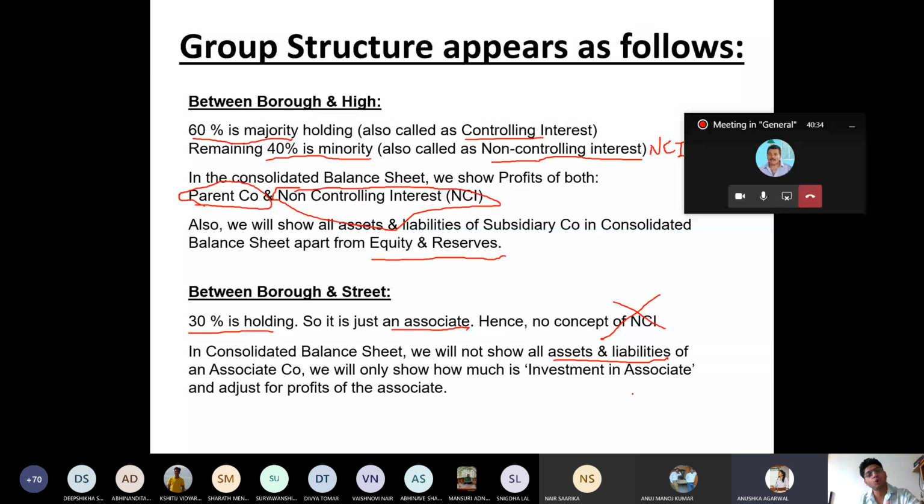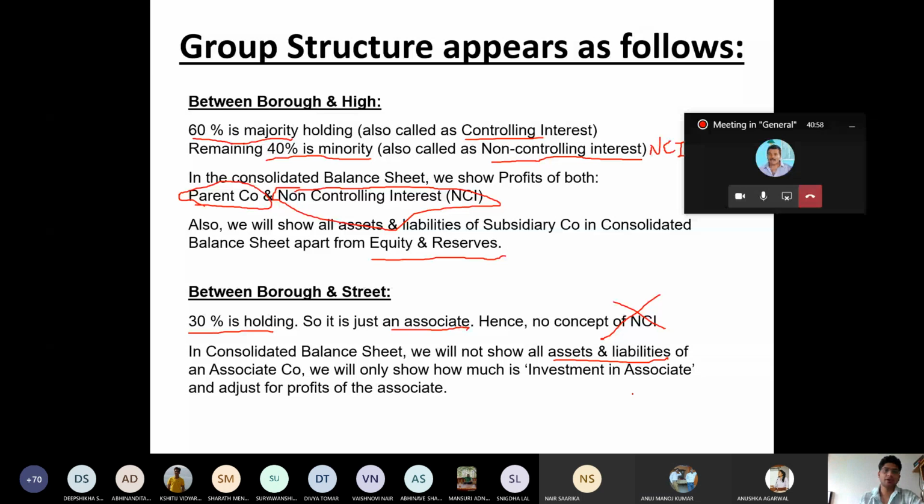No, sir. Why? Because associate consolidation is not going to be there. So I cannot show the remaining 70% as non-controlling interest. Subsidiary's remaining profit I have to show, but the associate's remaining profit I cannot show because I do not control an associate. Is it clear?